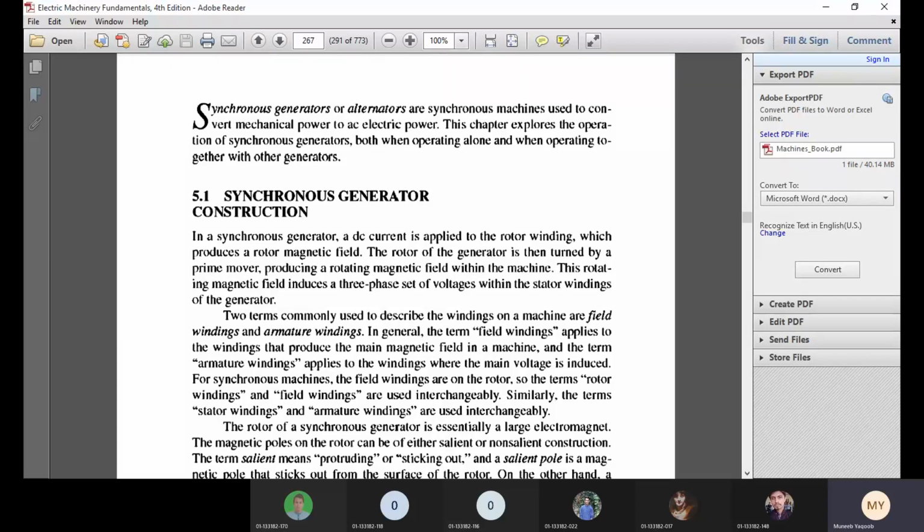What is the principal difference between them? In synchronous machines, field current is provided by a separate DC power source, while in induction machines, this field current is provided by means of magnetic induction, or what we can say transformer action.